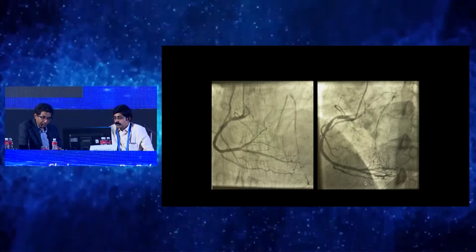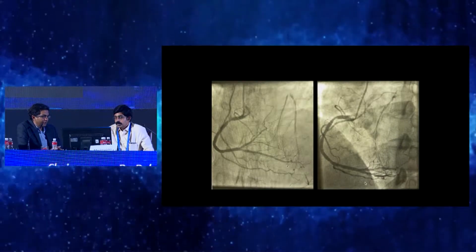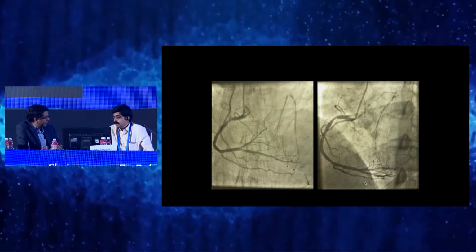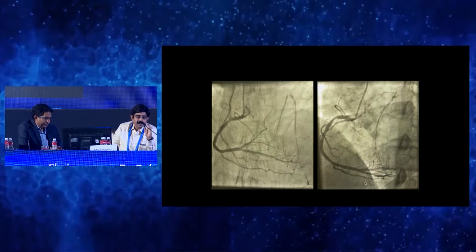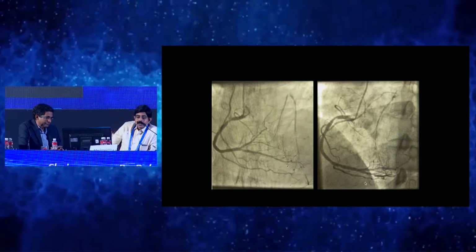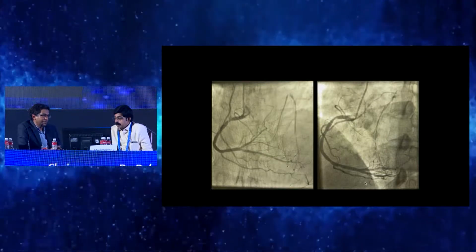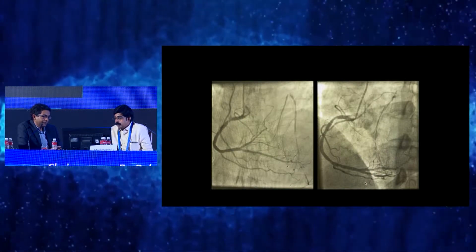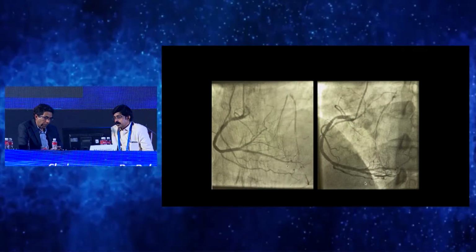I don't know how many people in the audience would think it is a retrograde patient in this case. But I would ask Dr. Madheshwaran, what do you think? We try antegrade first. If it fails, then probably retrograde. Right. And this is a very short segment, probably less than 15 millimeters in length. I'll show you exactly the length of the segment.